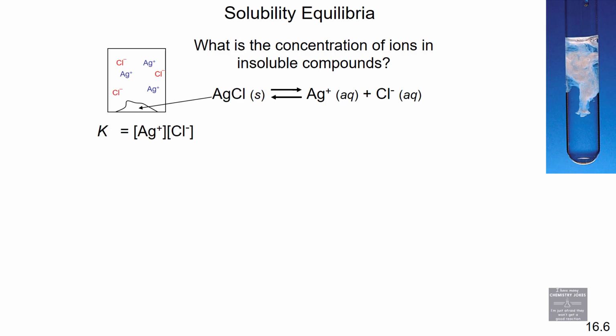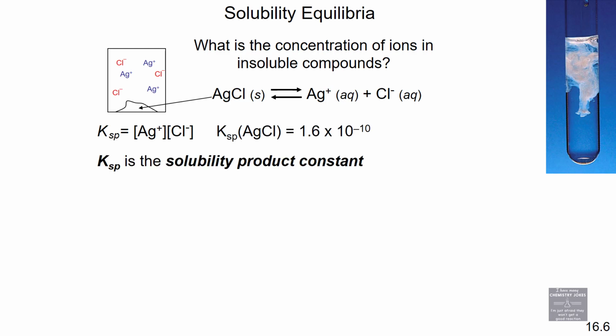We might want to call it Kc, except we're not gonna. Because this is our first time looking at a specific type of equilibrium. We're going to call this Ksp, where Sp stands for the solubility product constant. You see why it's solubility product constant. Solubility product, Ksp.